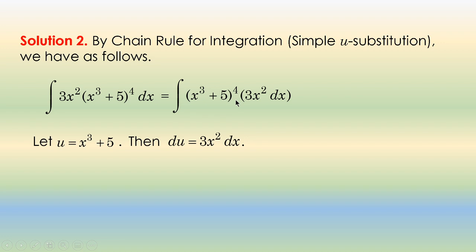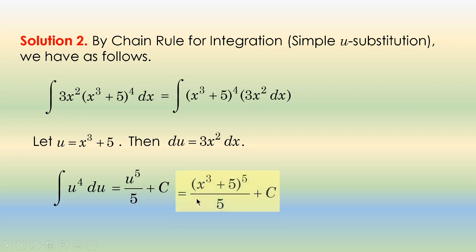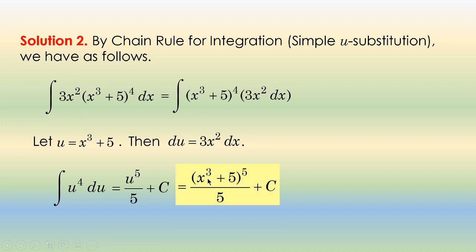So expressing this in terms of u, we have u to the fourth du. So the integral of this is equal to u to the fifth over 5 plus c from the general power formula. Let us express this u in terms of its original variable, that is in terms of x. So finally, we have the quantity x cubed plus 5 to the fifth all over 5 plus c.